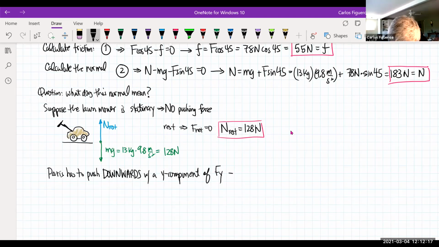What that means is that it automatically increases the normal.